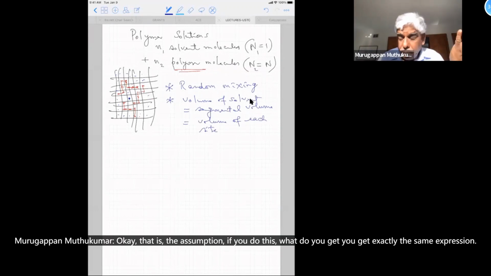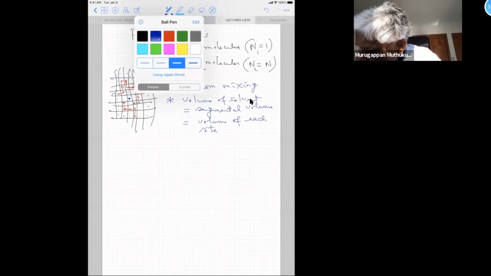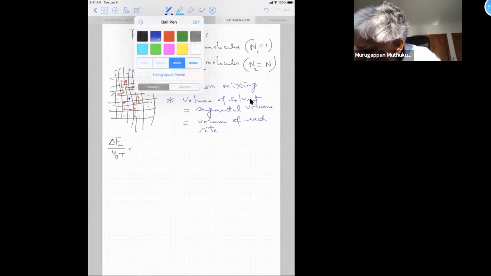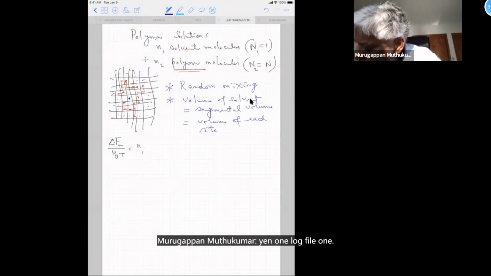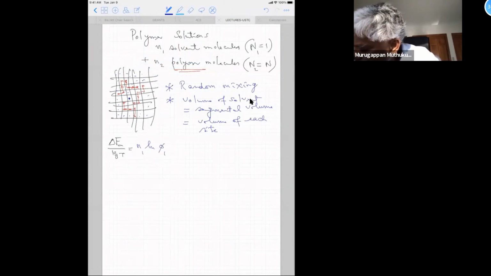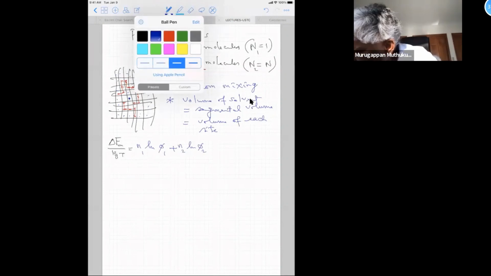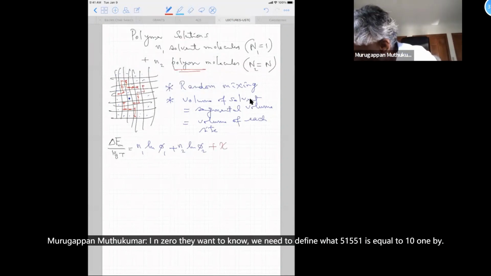If you do this, what do you get? You get exactly the same expression. Delta Fm by kBT is equal to N1 log phi 1 plus N2 log phi 2, and then plus chi N0 phi 1 phi 2.